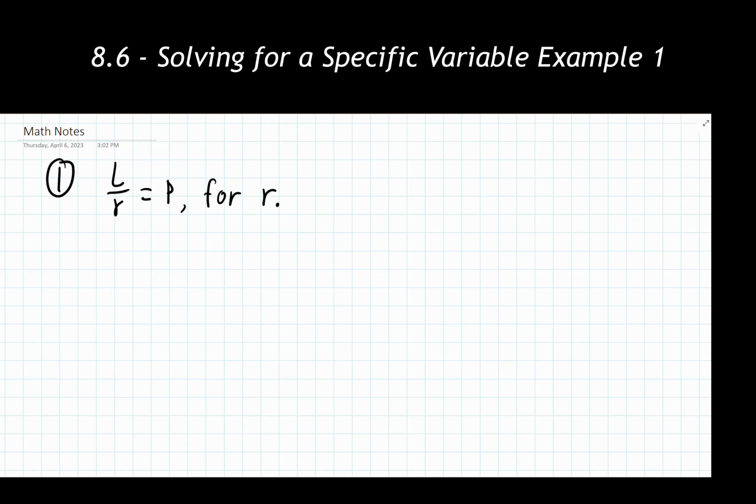Me personally, I like going a step further. I like circling and underlining that specific variable, because I've seen very often people will be given something and they will solve for a variable that they think is very easy to solve for, but not necessarily what the question is actually asking them to solve for. So we want to make sure that that's very clear and apparent for ourselves.